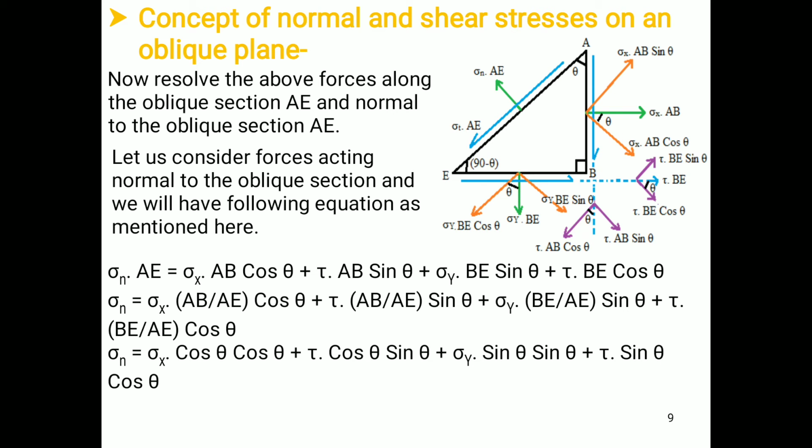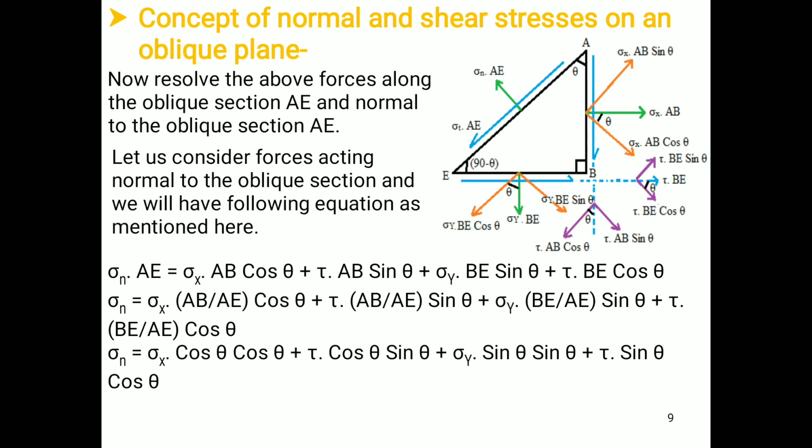So from this equation we have sigma n is equal to sigma x into AB by AE cos of theta, because this AE will divide all those equations.